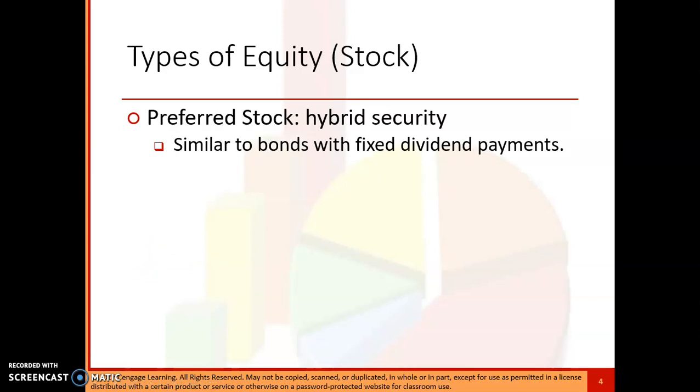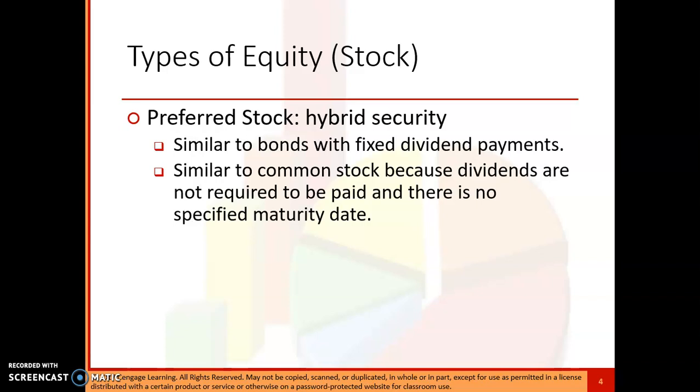For the most part, the dividend on a preferred stock is constant and does not change over time. And for the most part, preferred stock is perpetually outstanding. So that affects the way we'll value it, and we'll talk about that in a little bit.